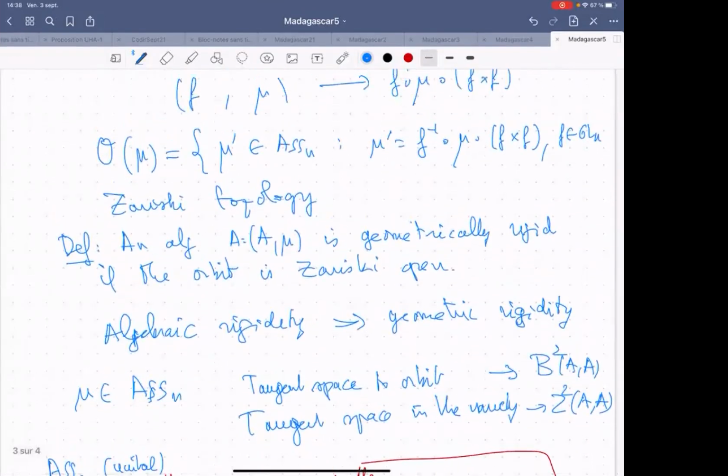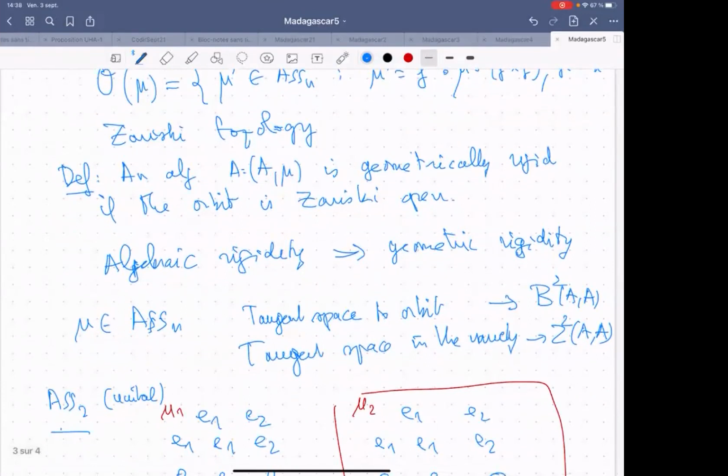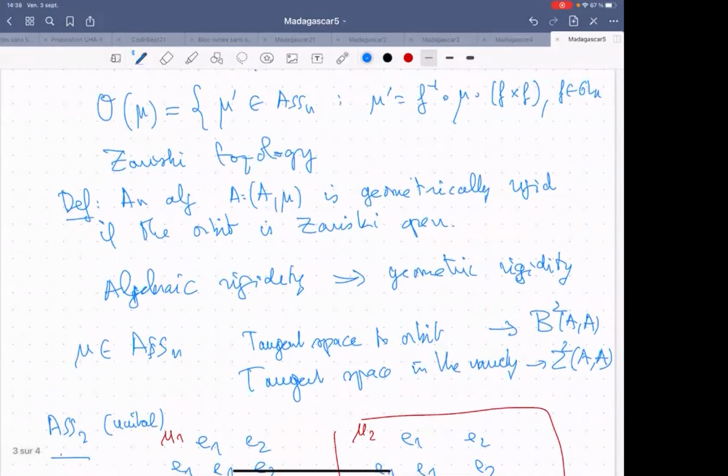Now we define this geometric rigidity when the orbit is open. We define this orbit, and when the orbit is open, we say that this algebra is geometrically rigid. And in fact, when we have algebraic rigidity, which means that H2 is 0, then it implies the geometric rigidity.